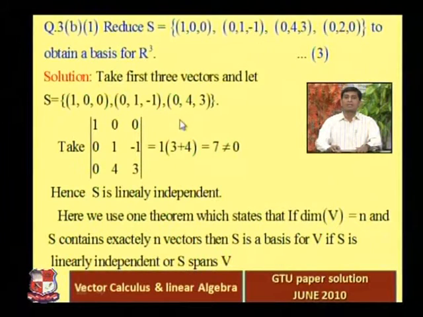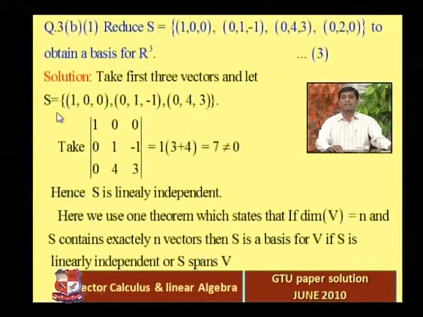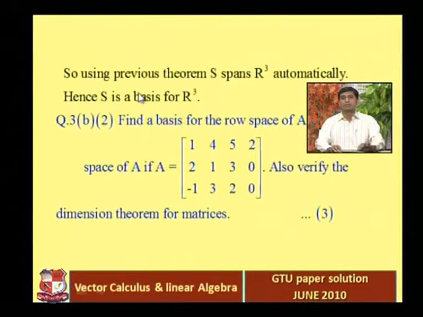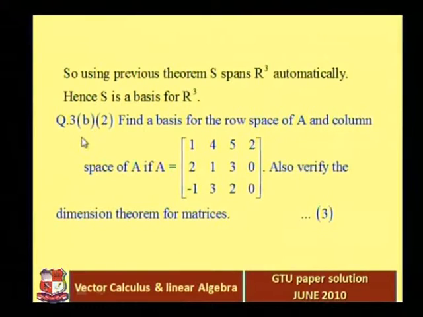So these 3 vectors span R3 automatically using this theorem, and that's why these 3 vectors are a basis for R3. This is our new set S dash, which contains these 3 vectors, and is a basis for R3. Okay, so this question is complete.